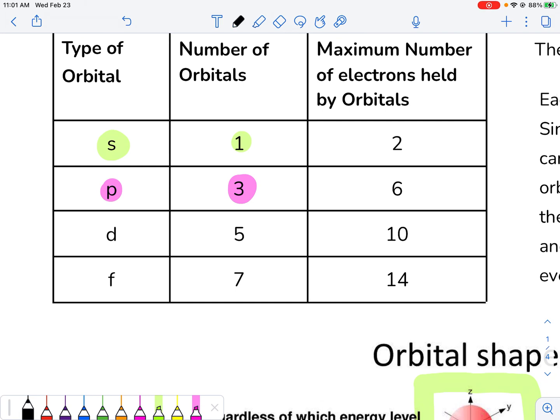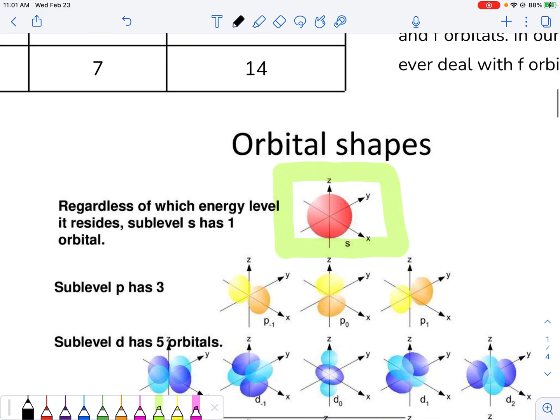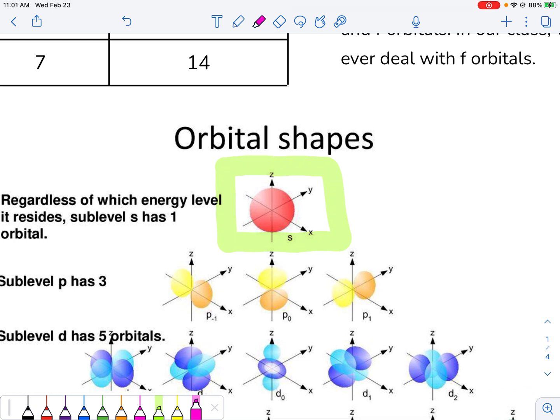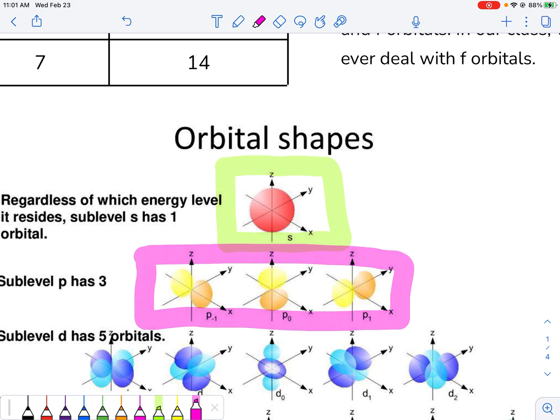Since each orbital can hold 2 electrons, 3 times 2 gives us 6 electrons that can fit within a P orbital. If we look at the shape, this is what a P looks like. These are drawn in 3-dimensional space. A P looks like if you took an oval and squished it in the middle, like an elongated 8.